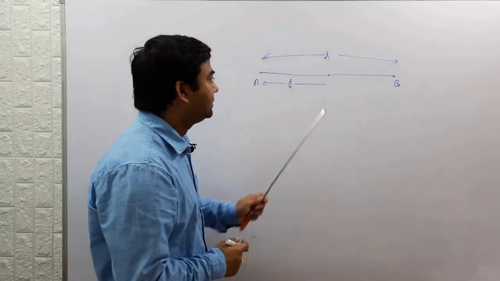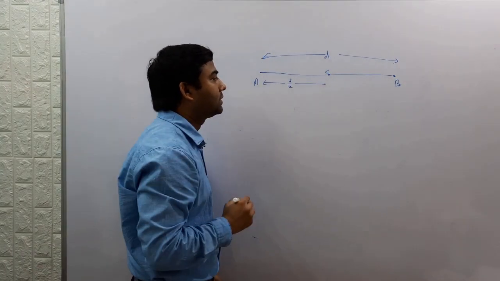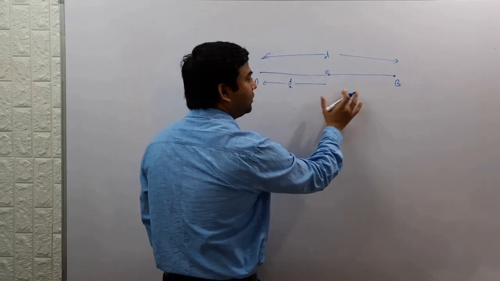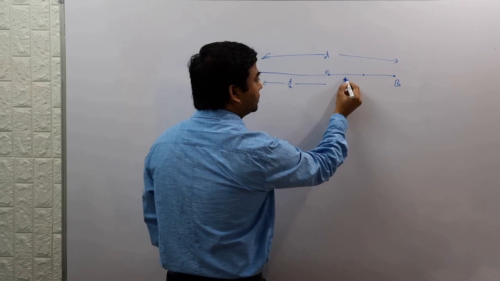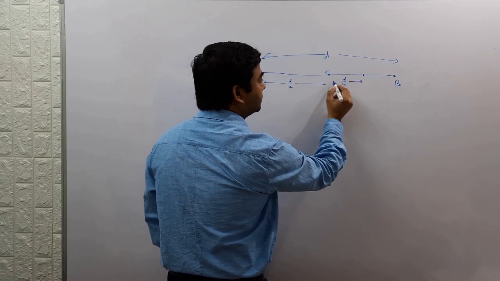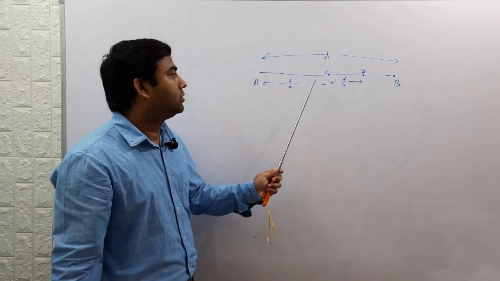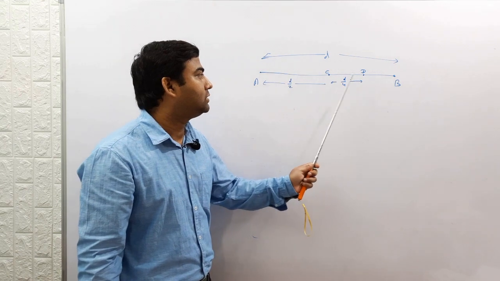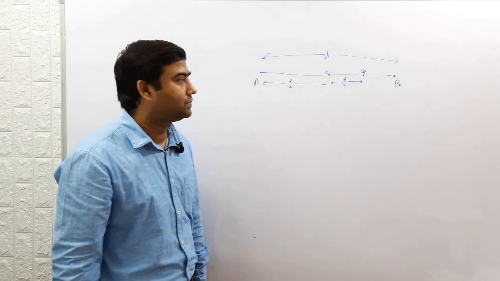And after that, once the person reaches this point, he has to cover half of the remaining distance, that is D by 4. Let this point be D. So again the person reaches the midpoint. To cover this distance, he has to cover half of it, that is D by 4.